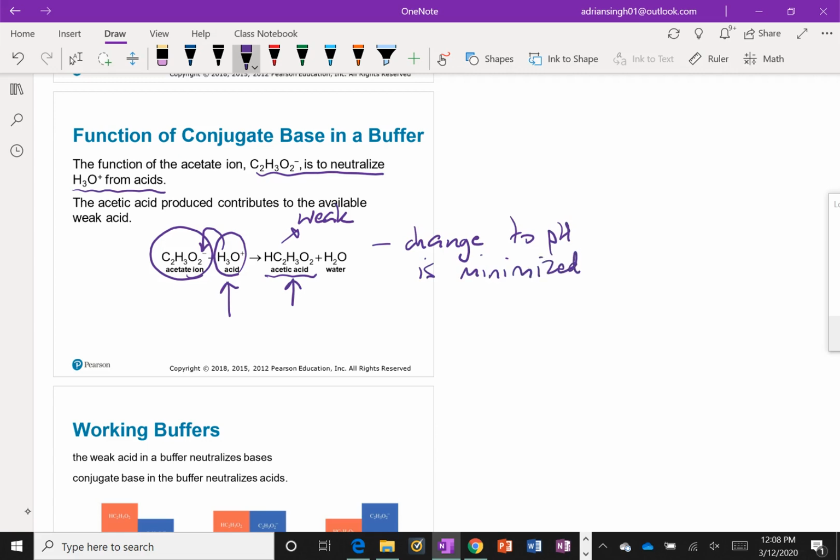Right, so you add an acid to something, the pH is going to decrease, it's going to become acidic. But instead of the pH decreasing drastically, the buffer neutralizes that strong acid, and in its place, it produces a weaker one. So the pH decrease is minimized as a result of that.